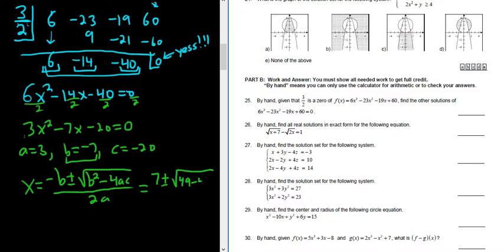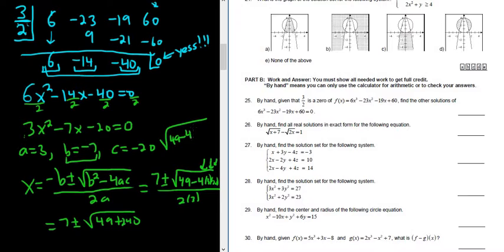Then it's minus 4 times 3 times negative 20, and 2 times 3 in the denominator. So 4 times 3 times negative 20 is 12 times 20, so that's plus 240, because the negative and negative give us this positive here. And this is over 6.